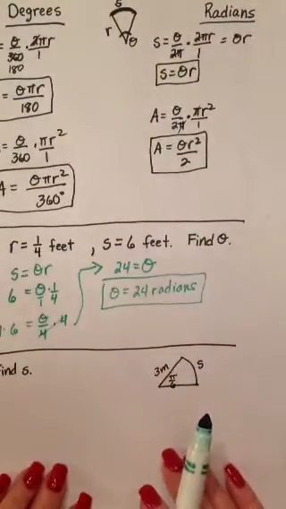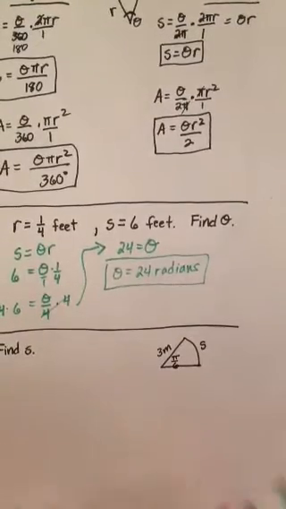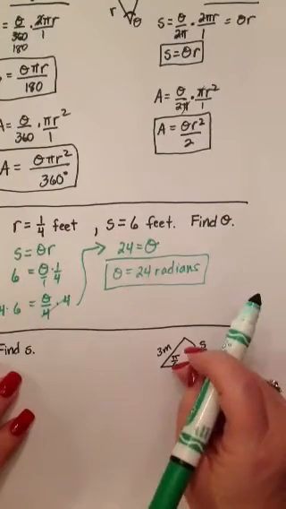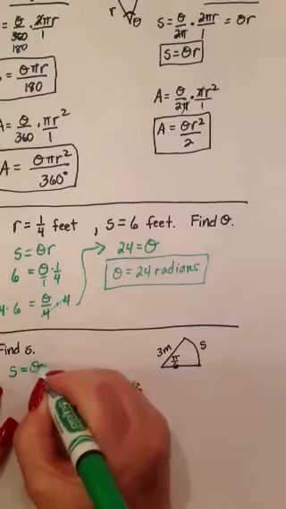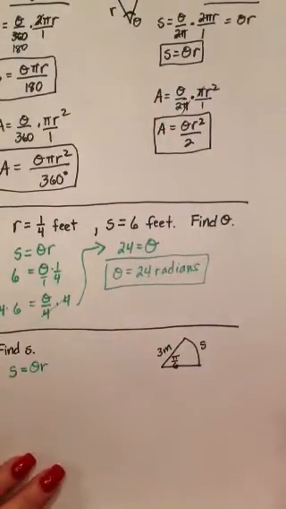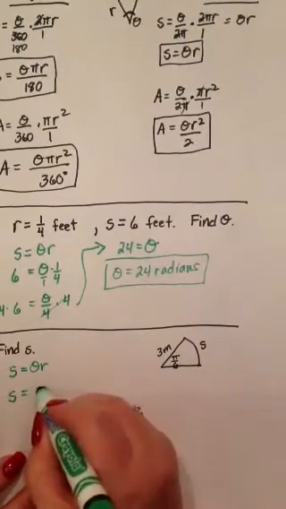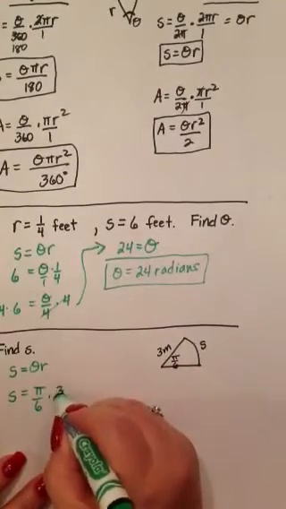All right, let's look at this next problem here. So it looks like they asked me to find S, and the angle is in radians, so I will use that formula, S is equal to theta times R. I wrote it down right there. It's kind of up farther, but can't see it now. So S is equal to theta, which is pi over 6, times R, which is 3.